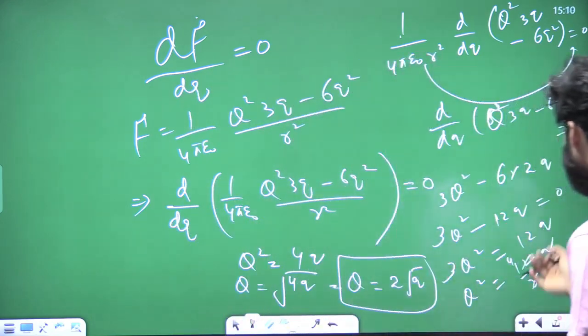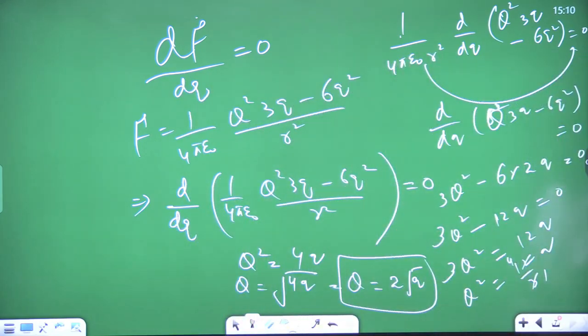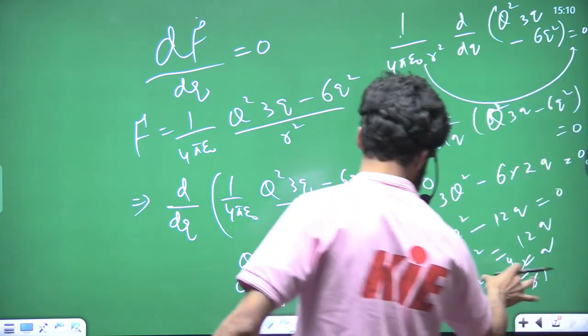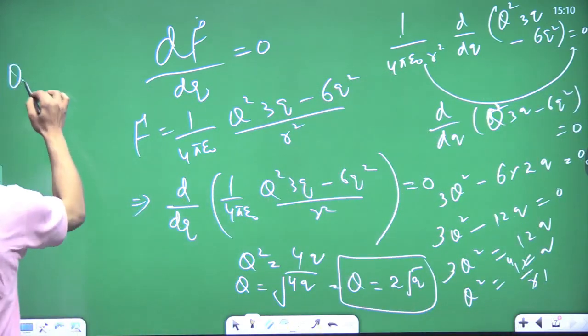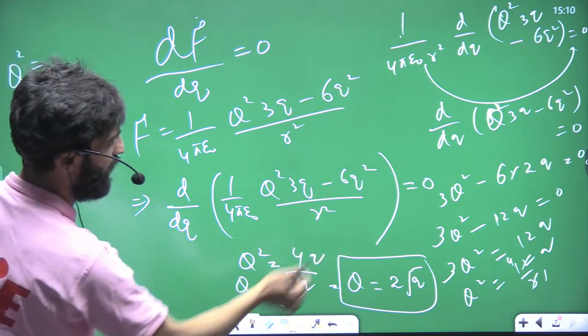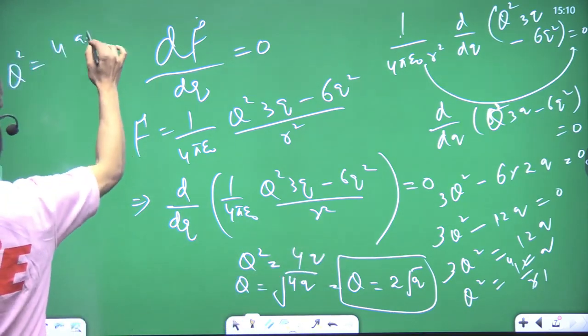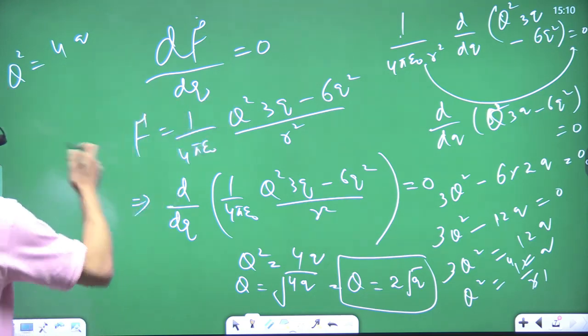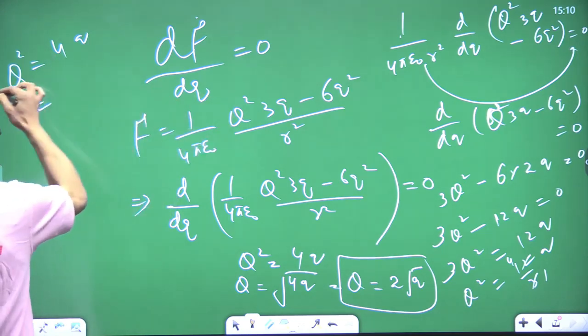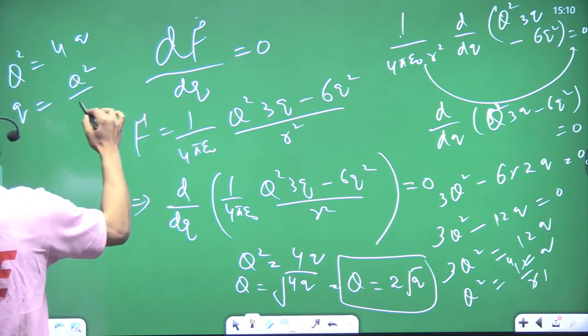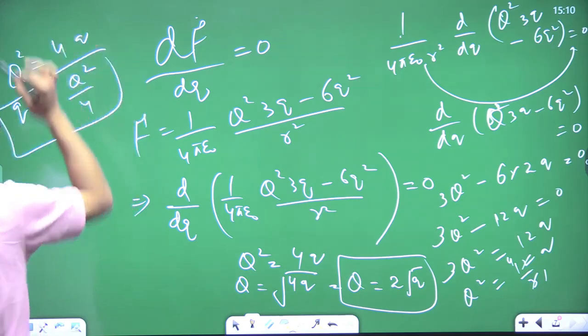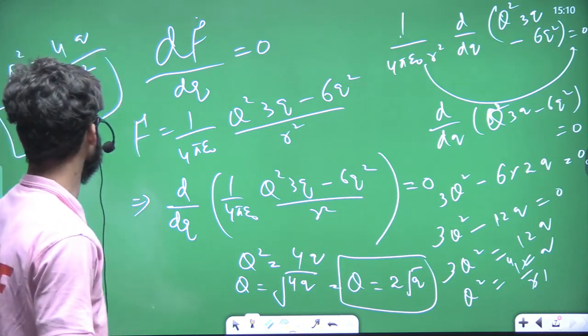So this was just a simple question the examiner was asking. Some can also write it as Q square equal to 4Q. In fact, you can write Q equal to Q square by 4, even this way. That's not a big deal.